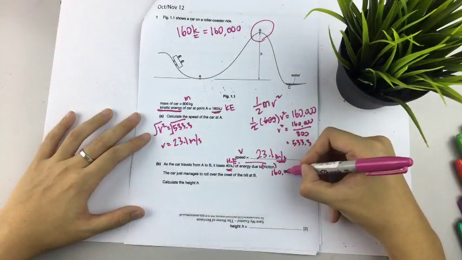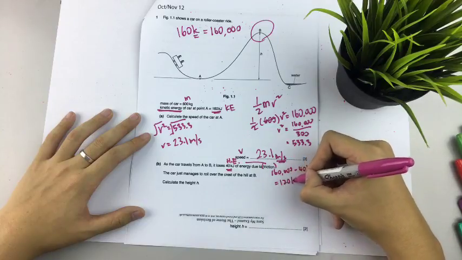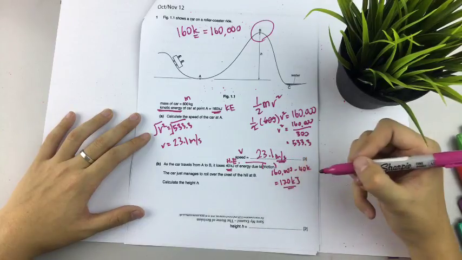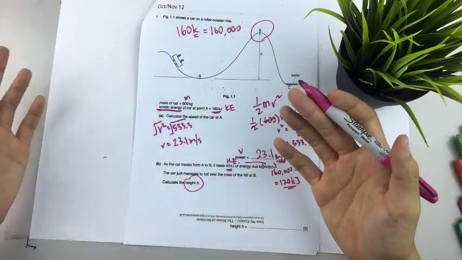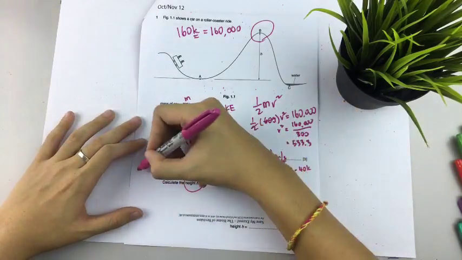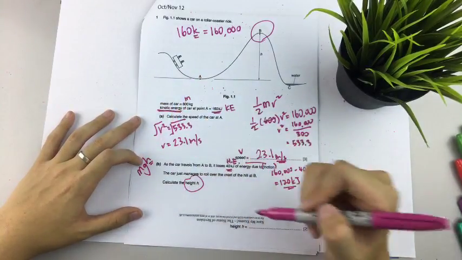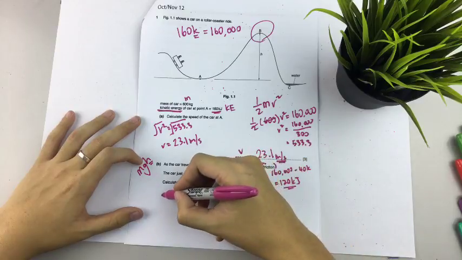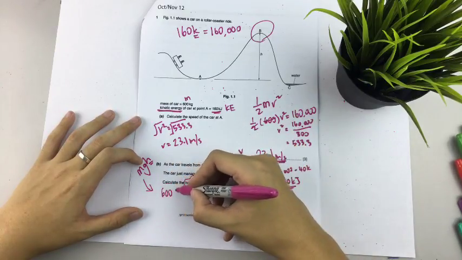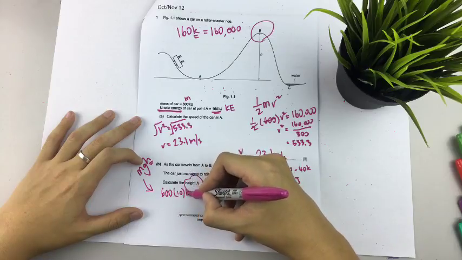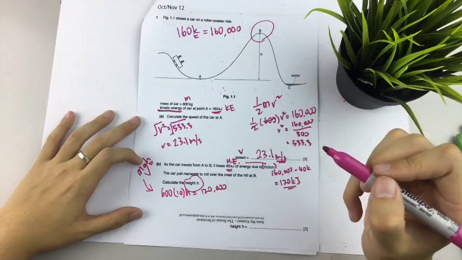So 160 kJ needs to minus 40 kJ first, so you should get 120 kJ remaining. From here we find the height. When you have height, what formula do you use? Remember, it will be your mgh, because this formula has h. So 600 will be the m, g is 10, h is unknown, equals 120 kJ.